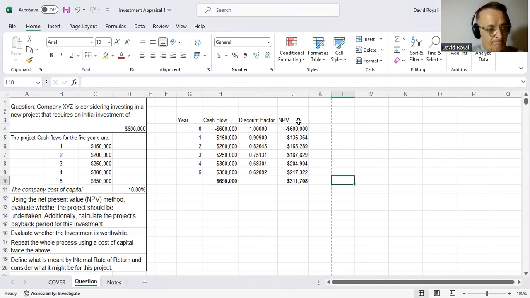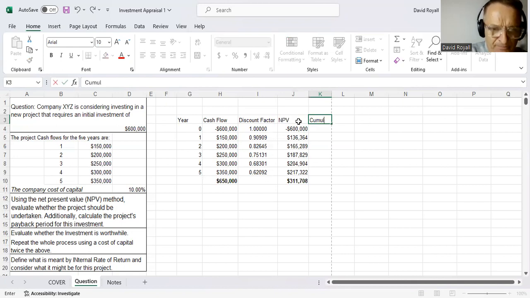Okay. Well, what about the so-called payback? When we actually claw back all that money? What we do is we work out what's called a cumulative cash flow.